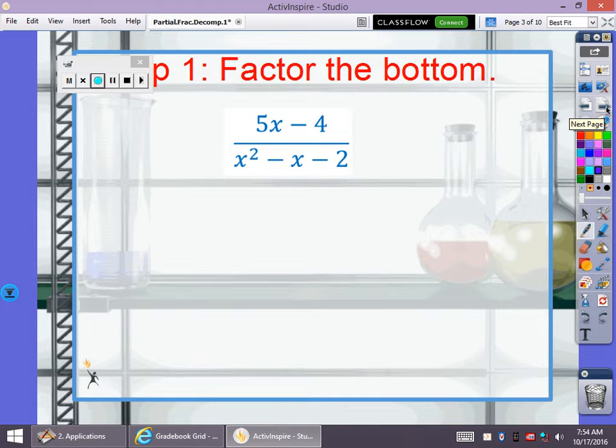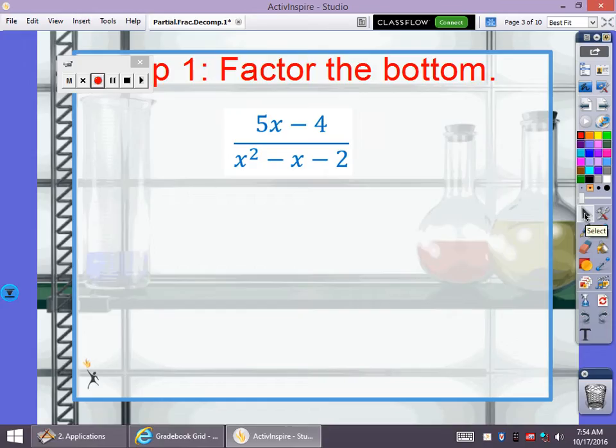So this is the final answer, and I am looking for two fractions that will give me this answer. So step 1 is you need to factor the bottom. So copy down the problem, copy down the step, factor the bottom, and go ahead and do that step. No, there's only one that works.